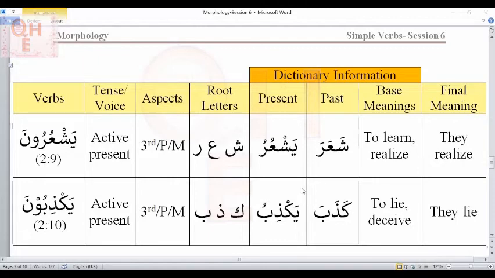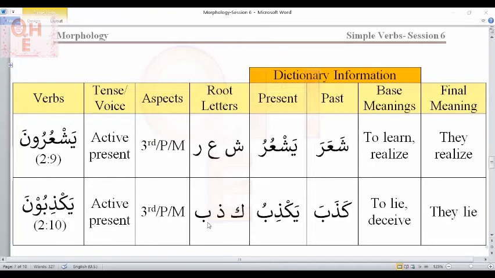Okay. Our last word that we found, yakdhibuna. Obvious, right? This is active present tense. From the pattern you can tell, and also ya has a fatha, so this is active present tense. And this is third person plural male. If you exclude the prefix and suffix, the root letters are kaf, dal, ba.